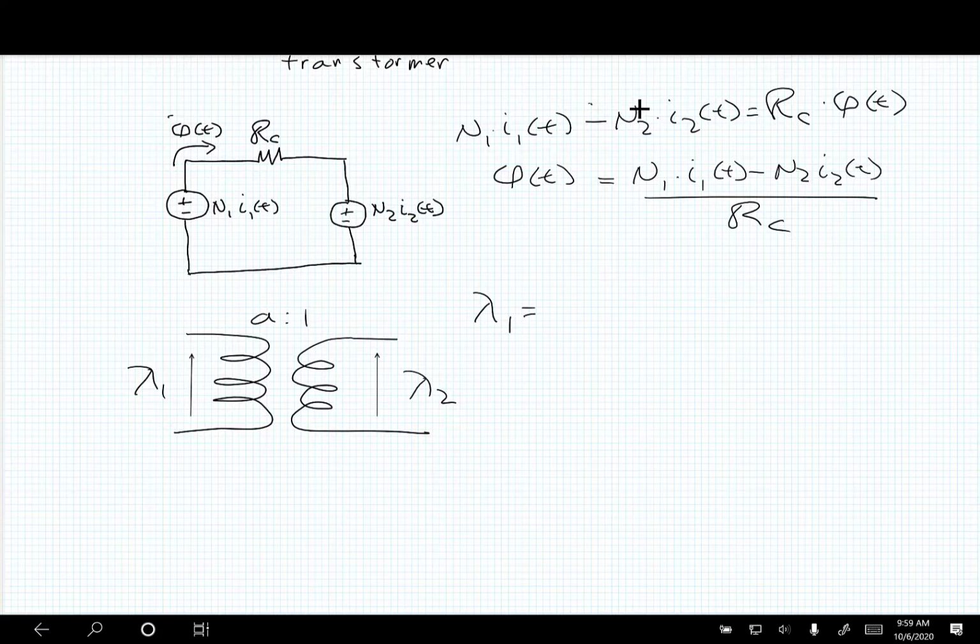We've got this flux right here that we're going to work with, okay? Lambda 1 is equal to the turns of the primary times that flux.